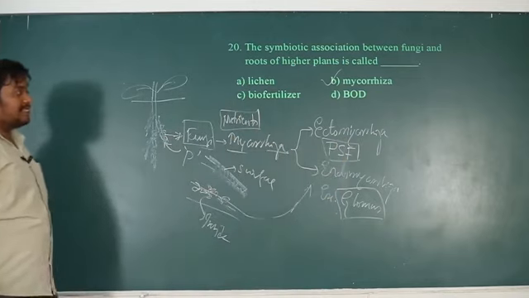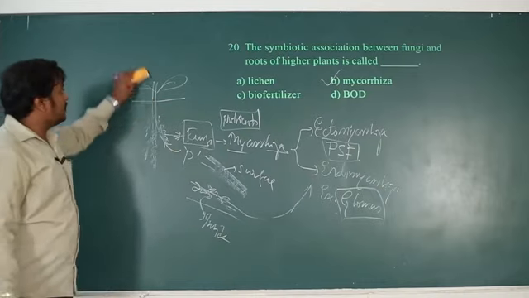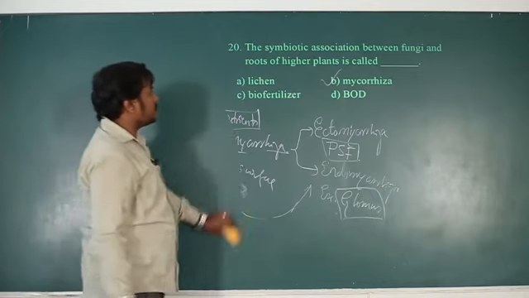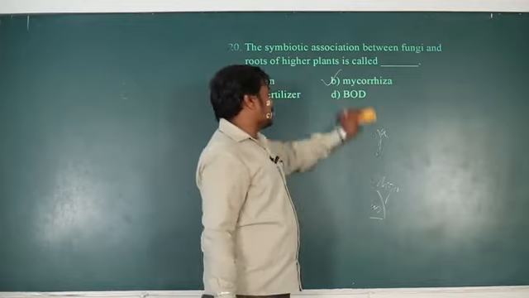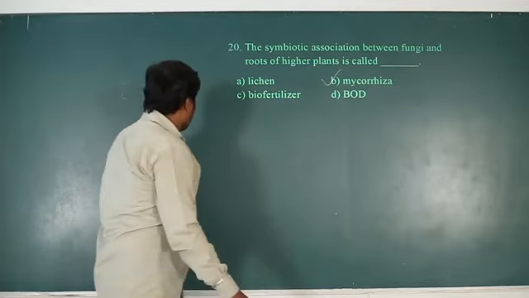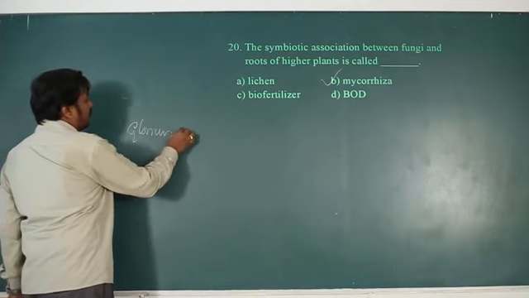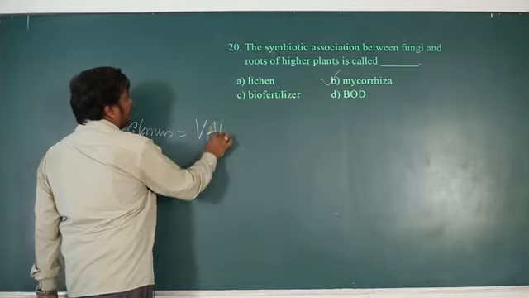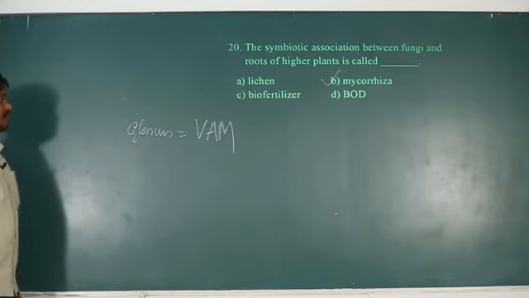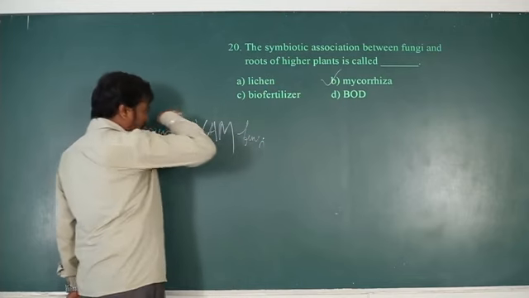Phosphate solubilizing fungi give phosphate to plants. So this is about mycorrhiza. Remember that organism name, Glomus. Glomus belongs to a group of fungi called VAM. It is a type of endomycorrhiza only.